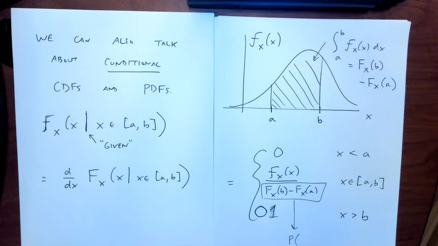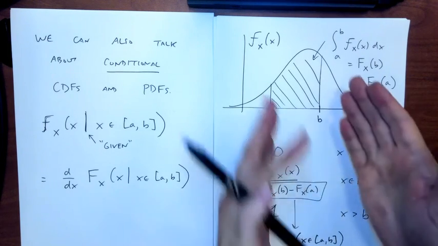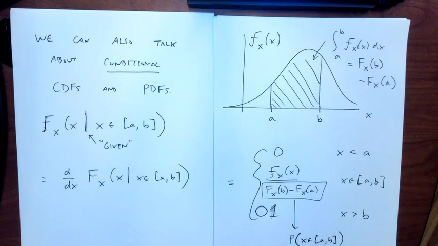So this is basically the PDF that I'm in this range in the first place. Inside here, the integral under the curve is this probability. If I tell you I'm there, then I have to normalize everything so that the probability again sums to 1. So all I'm doing is dividing through by the probability of this event.